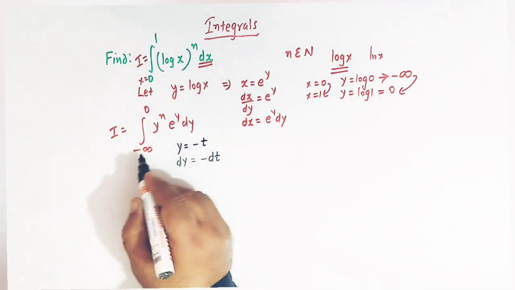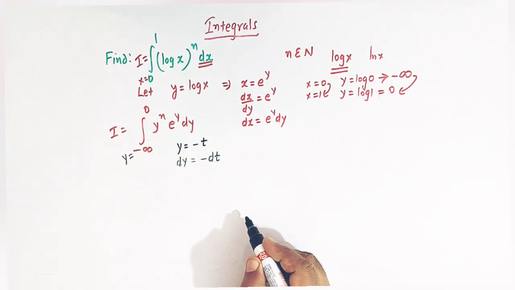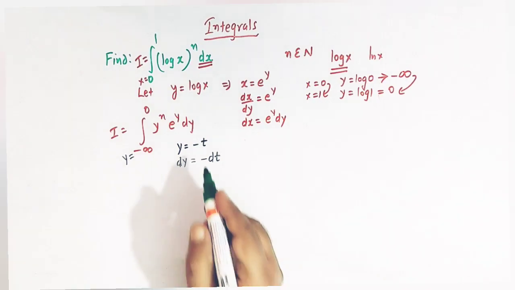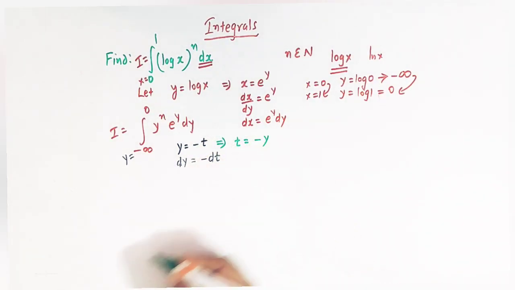Here y varies from minus infinity to 0. So let us take t is equal to minus y.